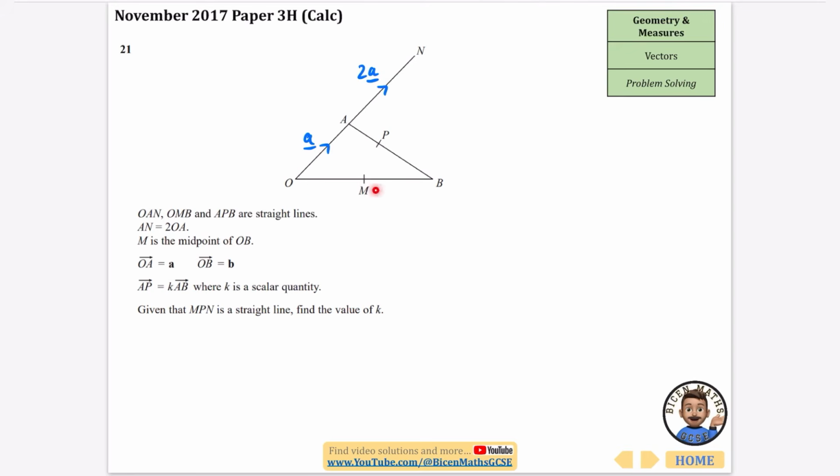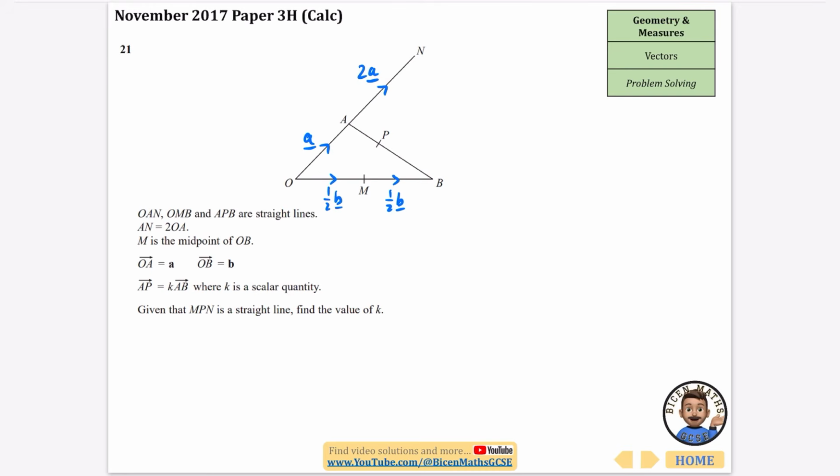And they've told us that OB is equal to B. Well, this is the midpoint, so I can say this is a half B, and this is a half B. AP is K lots of AB. So we've already got this relationship, and I'm definitely going to want to use that.